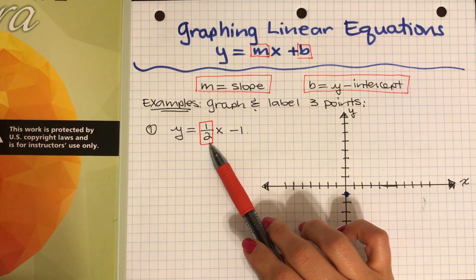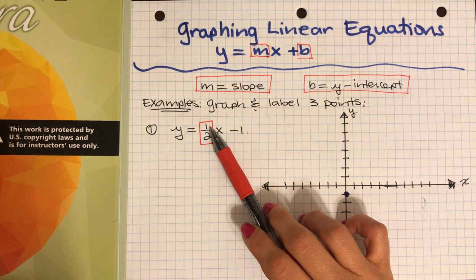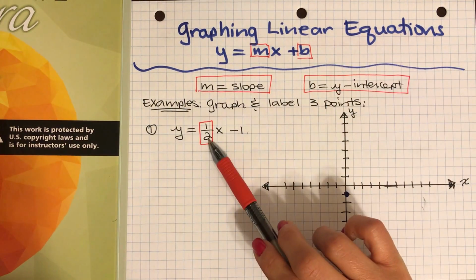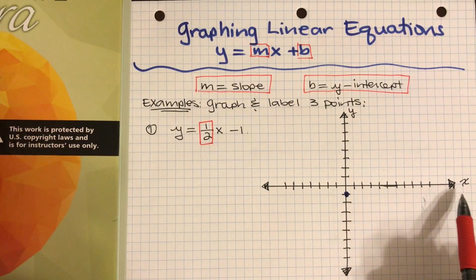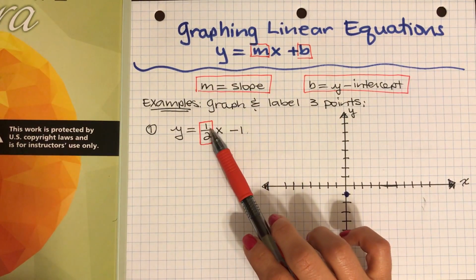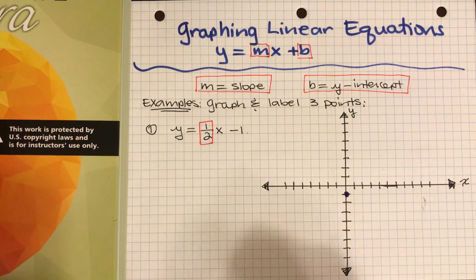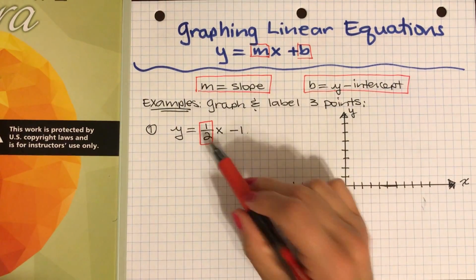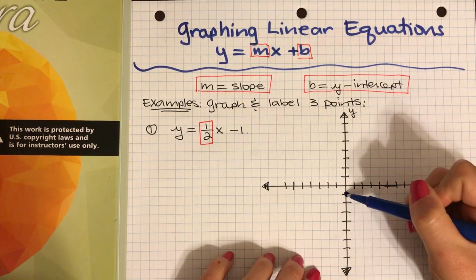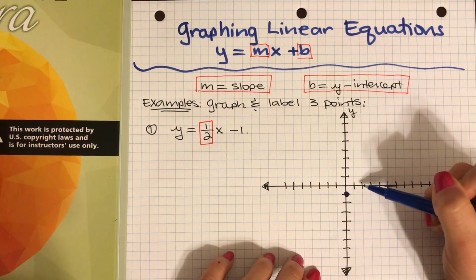Since this is positive, that means we have to go 1 up because up is the positive direction, and 2 to the right because 2 is in the positive direction. If your slope is negative, then you would go 1 down because that's in the negative direction. But since it's positive, we started at our y-intercept, 1 unit up and then 2 to the right.